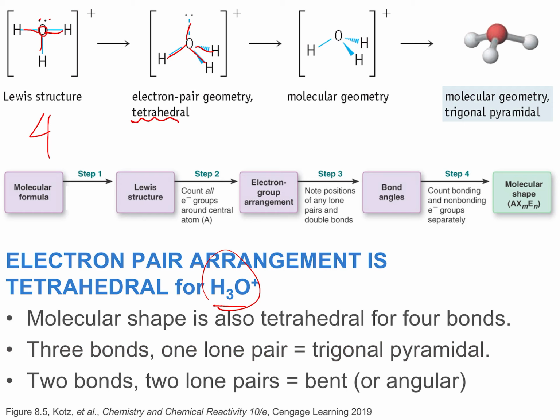That means its electron pair geometry is tetrahedral. Now we note the positions of lone pairs and double bonds, and we see that we have 1, 2, 3 bonds. That gives us a molecular geometry that's trigonal pyramidal. So it's very similar to NH3 in that regard.